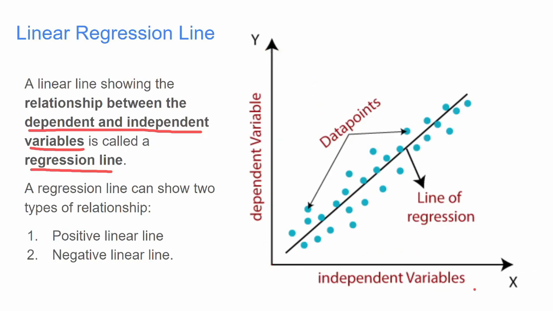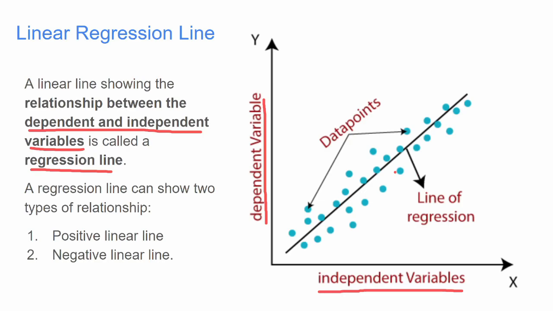The x-axis has the independent variable and the y-axis has the dependent variable. In that there is one line called the line of regression or regression line.